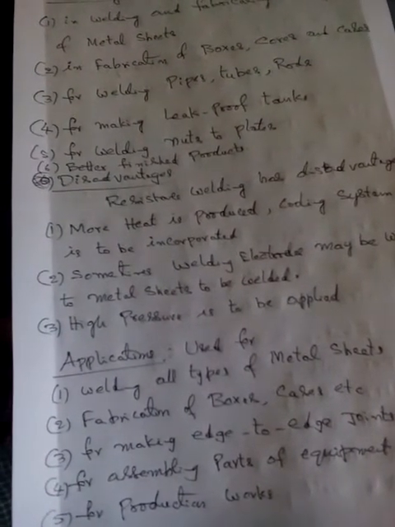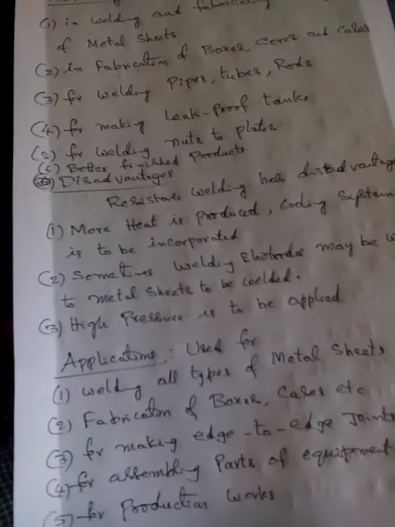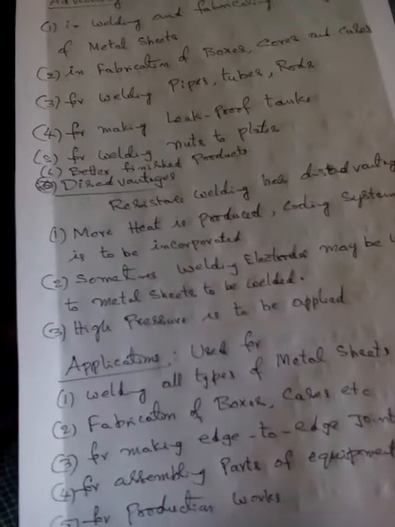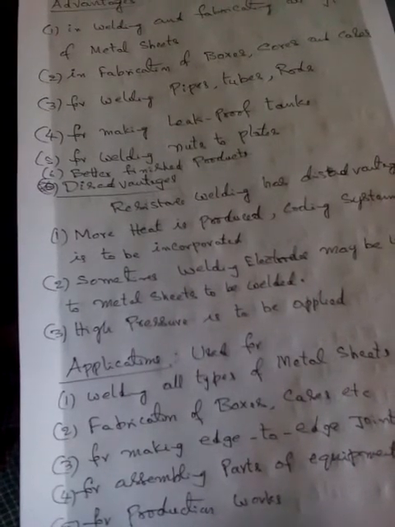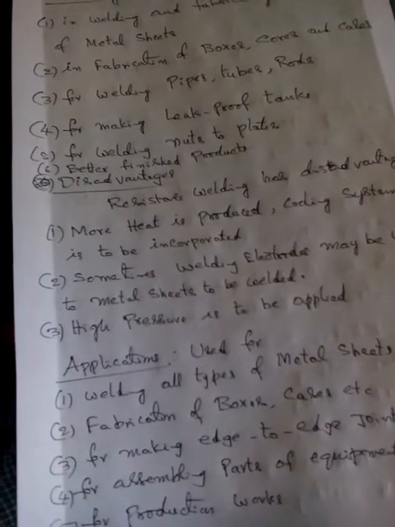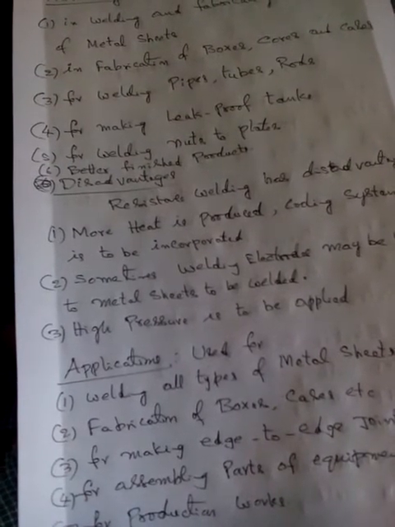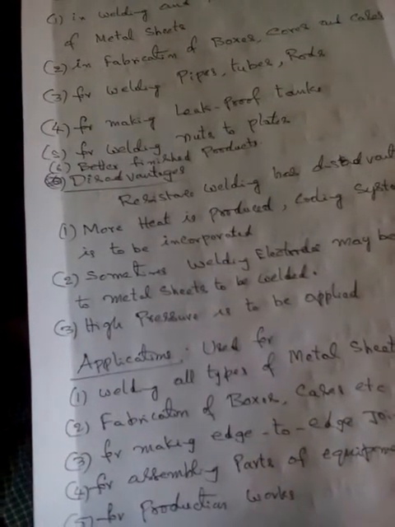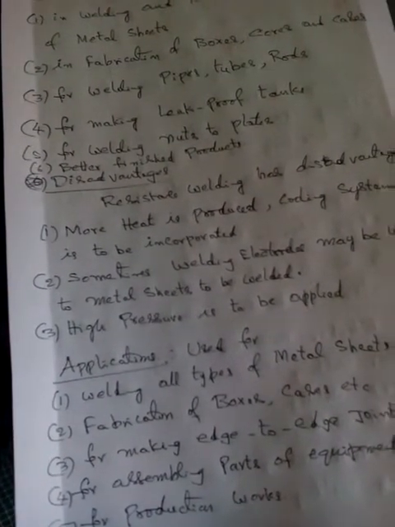So instead of welding metal sheets, the electrode itself will be welded to the metal sheets, and it is very difficult to remove the electrodes. Then the third point is that high pressure is to be applied between electrodes. That is a disadvantage.